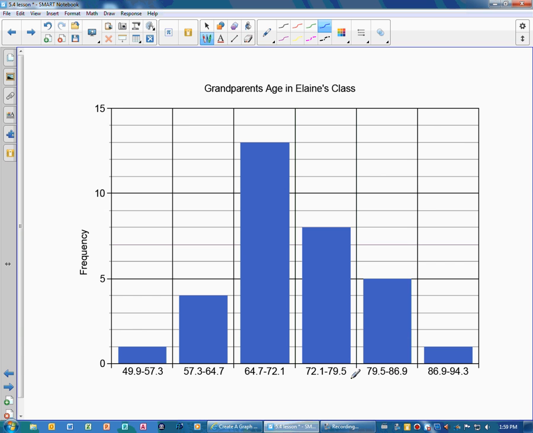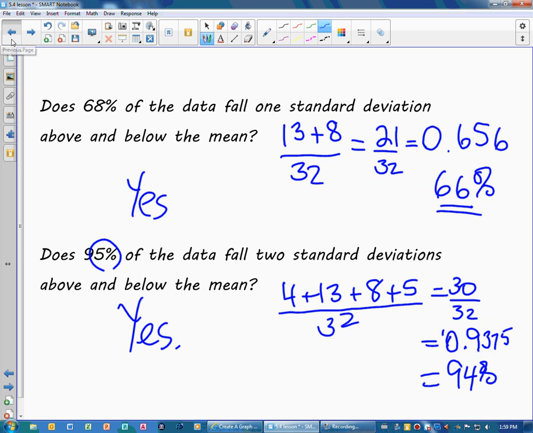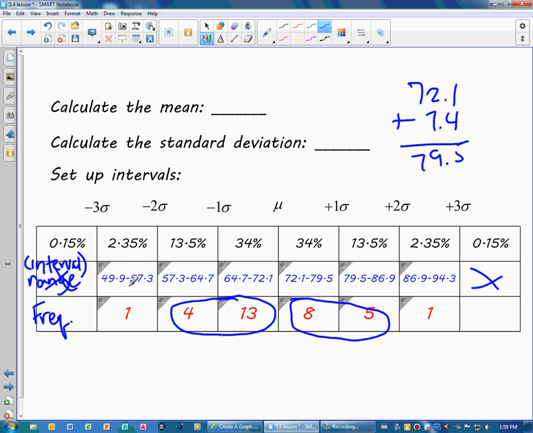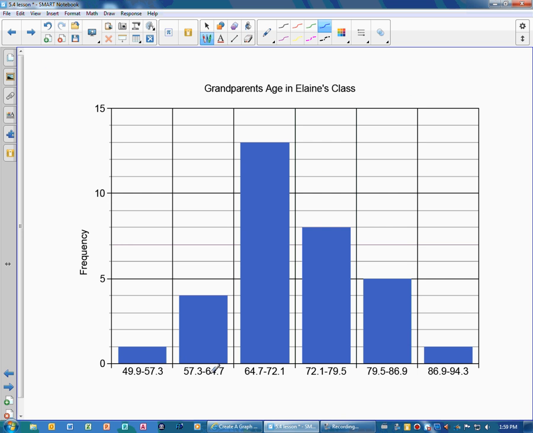So notice my ranges, 49.9 to 57.3, then 57.3 to 64.7, etc. These ranges came from my frequency chart. Remember, my first number was 1, then it went to 4, 13, 8, 5, and 1. So all I did was translate those numbers into a histogram.